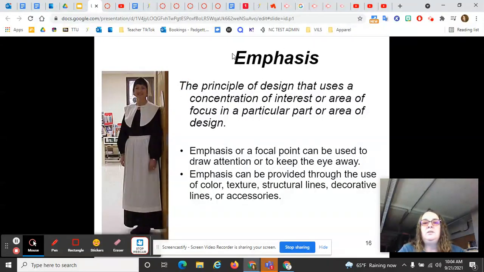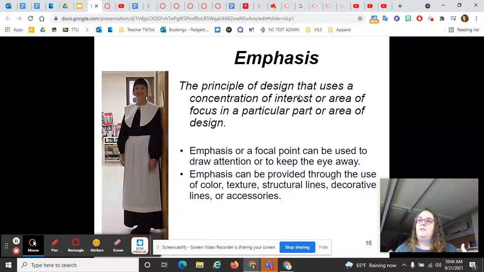Then you go into emphasis, and emphasis is exactly what it says. You are emphasizing a particular area or a particular accessory in a garment or in a design. The emphasis is the focal point. It is what you want to draw the eye to, or draw the eye away from.